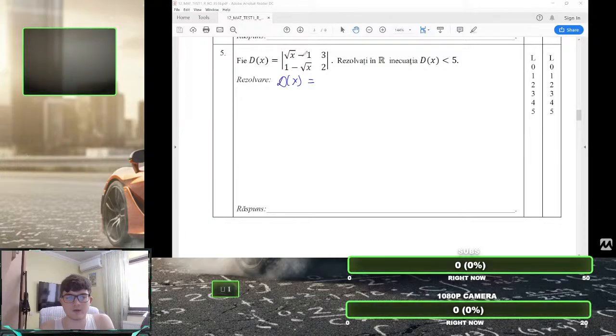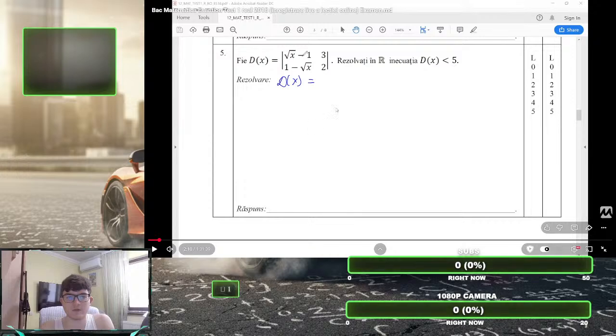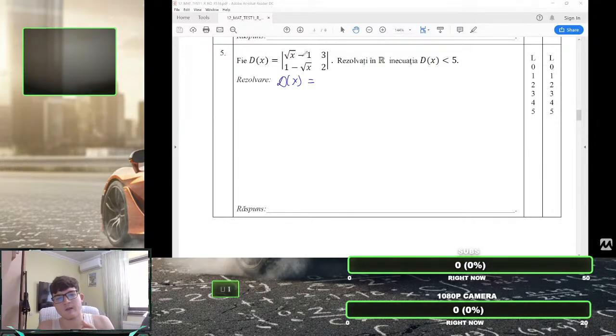So basically we have a 2x2 determinant dx. Basically find this, solve this inequality. Basically, this dx smaller than 5. This integration shit is pretty hard, but we're gonna give it a shot. The first part is actually pretty easy, I think.